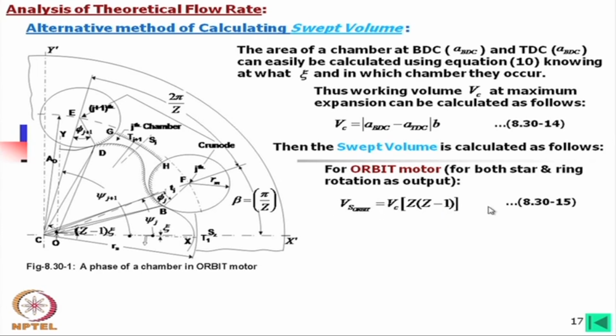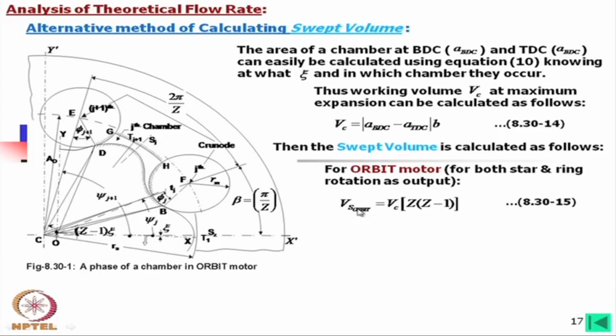So, you simply multiply this, and you will get the swept volume of the orbit motor. Interestingly, in the orbit motor, this is one with respect to the other. That means, either the star rotating with respect to the ring or the ring rotating with respect to the star. So, in that case, there will be a single formula to find this swept volume, whether the star is rotating or the ring is rotating.